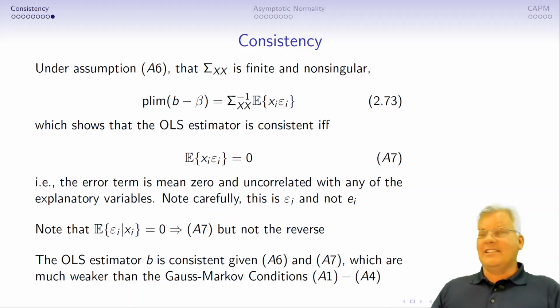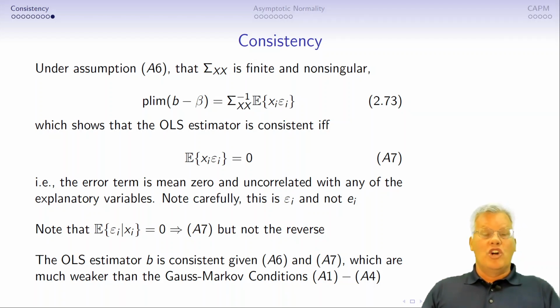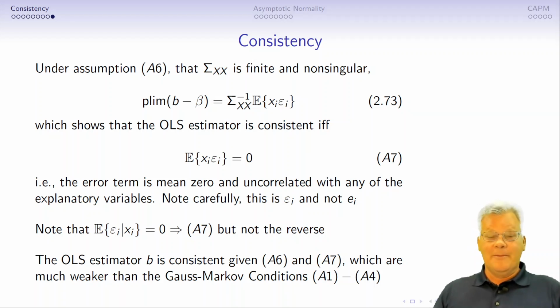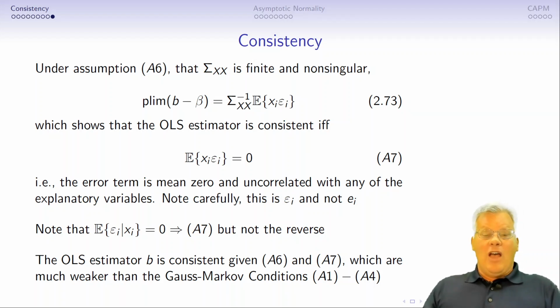The OLS estimator b is consistent given assumptions A6 and A7, which are much weaker than the Gauss-Markov conditions. We covered the Gauss-Markov conditions in section 2.3 of the text. The Gauss-Markov conditions, you recall, were necessary to show that the ordinary least squares estimator was the best linear unbiased estimator.